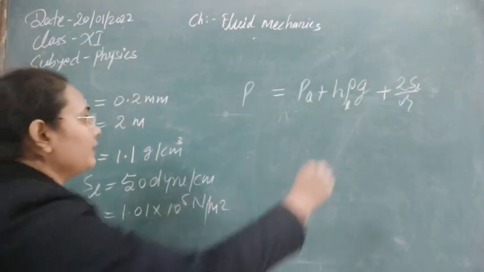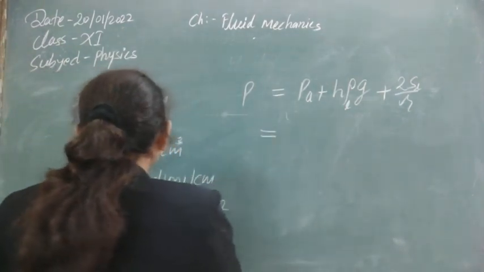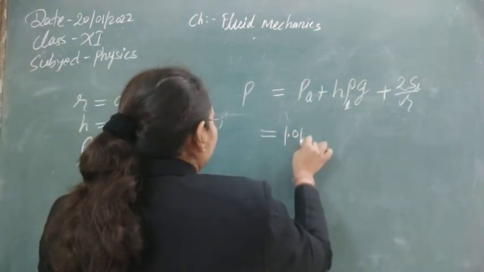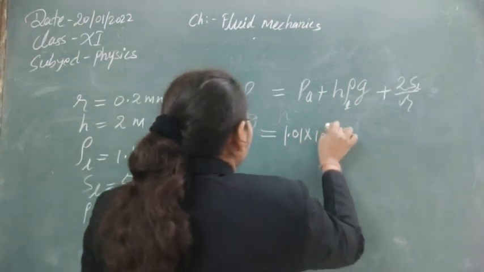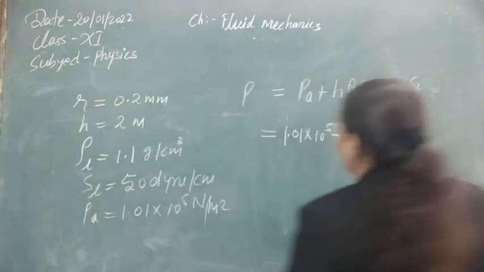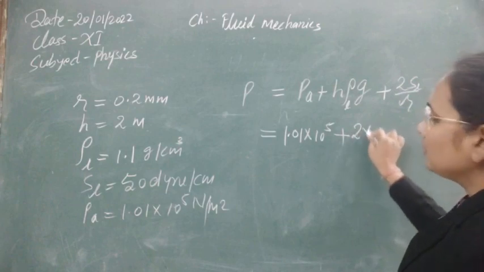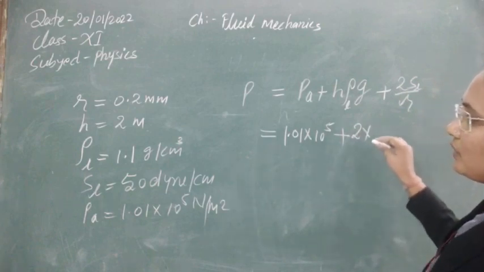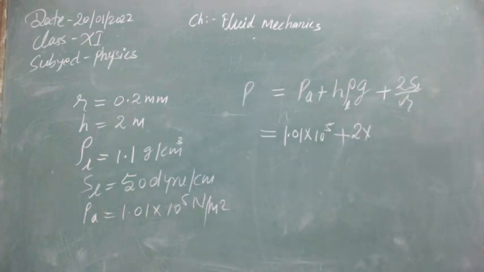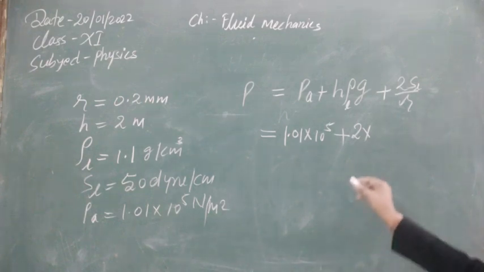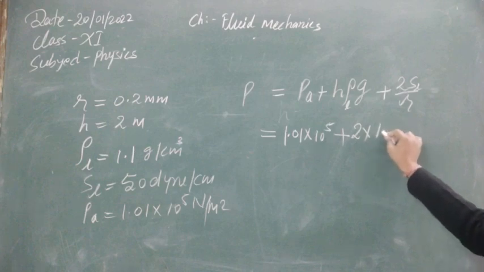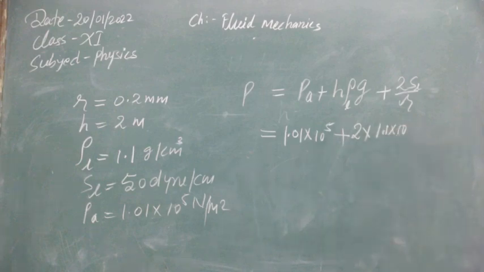Now let's calculate this value. First of all, Pa we will write directly, that is 1.01 into 10 to the power 5, then plus h which has value 2 meter, rho is 1.1 gram per centimeter cube. We can also convert it into kg per meter cube. So if we convert, it has the value 1.1 into 10 to the power 3 kg per meter cube.